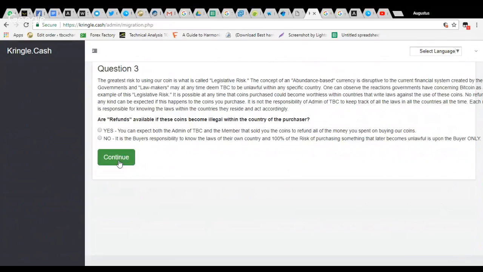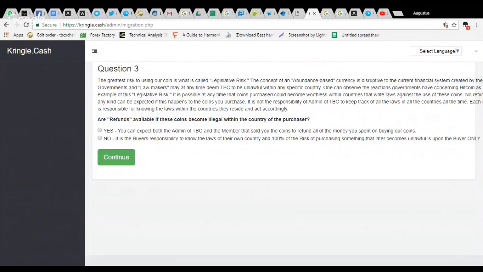It is not the responsibility of the admin of TVC to keep track of all the laws in all countries all the time. Each member is responsible for knowing the laws within the country they reside in and acting accordingly.